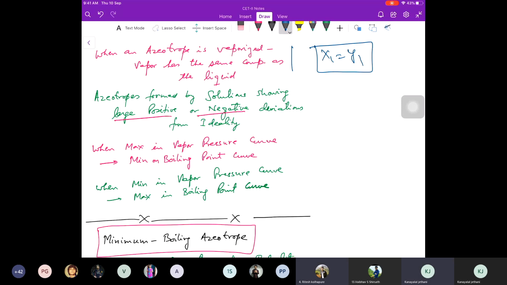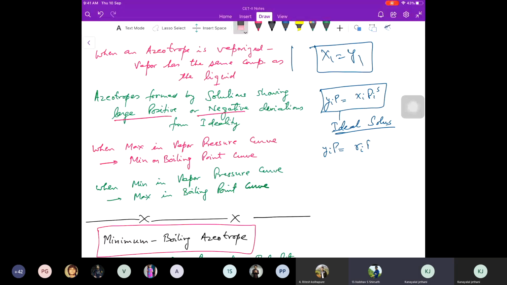Okay, so let us see what the equation is. y_i P is equal to x_i P_i^s, are you talking about this? Yes sir. But this is applicable only for ideal solutions, no? This is only for ideal solutions. We are talking about non-ideal solutions. What is the equation for non-ideal? Sir, there will be gamma, y P equal to gamma. There is gamma.